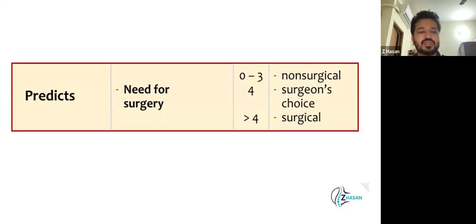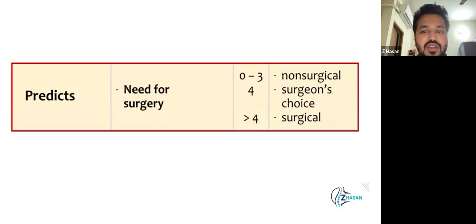So basically, the classification system, when you read it, you find it very boring. At least I find it very boring. But the tricky part is, if you can acquire the knowledge on classification of an injury, decision making becomes very easy, and decision making becomes very authentic.